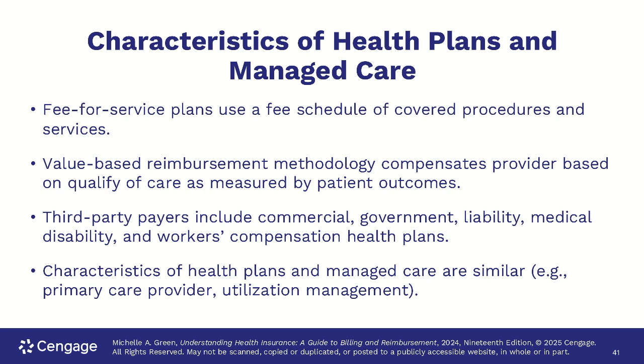Like we may charge $250, but in our contracting process, we agree that we'll accept $125 for that service. Then we have value based reimbursement methodology, which is really about quality, right? So the provider is compensated if patients are well as opposed to sick.